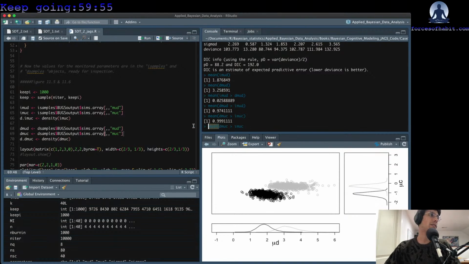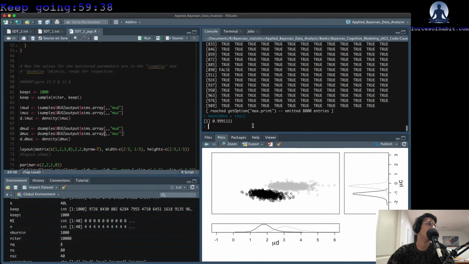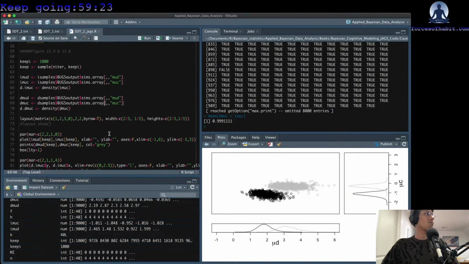I think this is how you do it: you get a bunch of trues and falses, and then I'm asking, what's the probability, what's the average here? On average, this statement is true over the span of 1,000 samples. This is not all of the samples though. No, it's like 9,000. Nice. I think that's the answer.